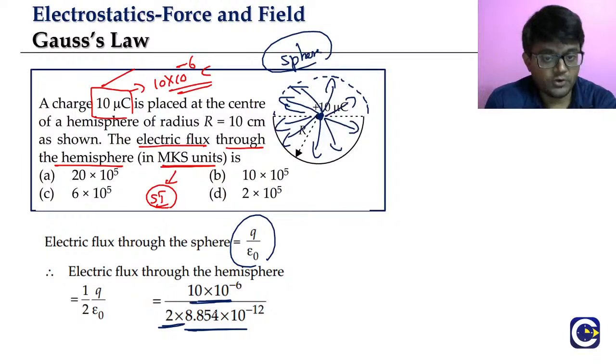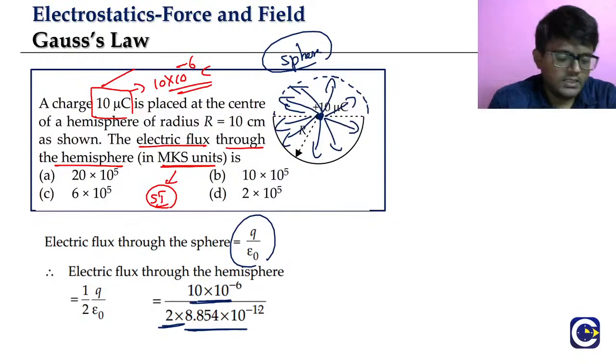Actually 8.854, but majorly we'll take it as 8.85. When needed you can just take it like 8.854. Okay. So the numerator 10 into 10 power minus 6 divided by denominator 2 into 8.854 into 10 power minus 12. This simplification.